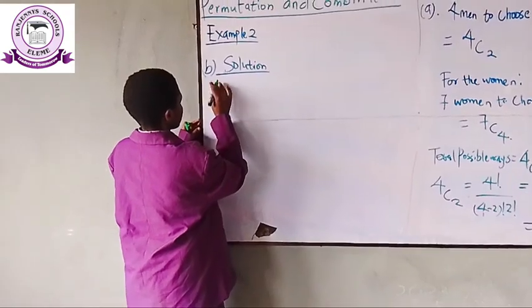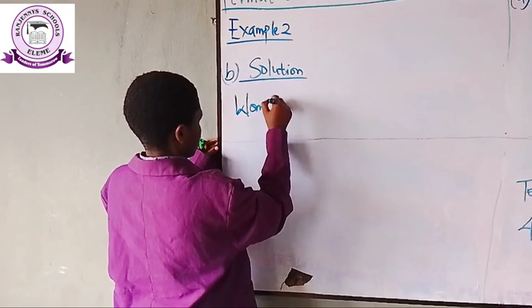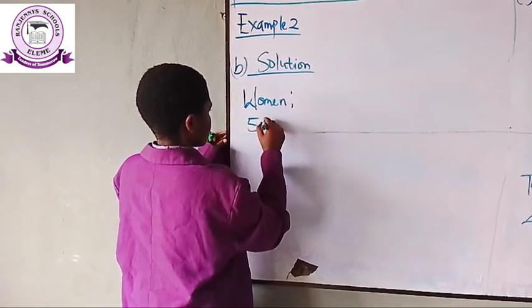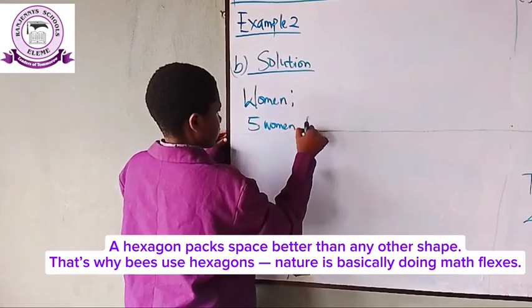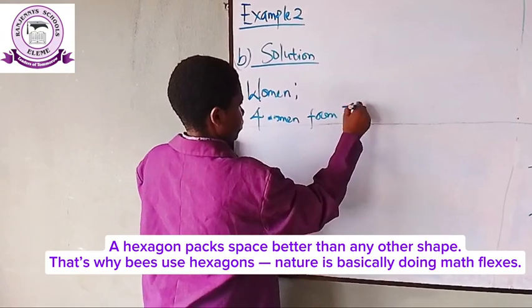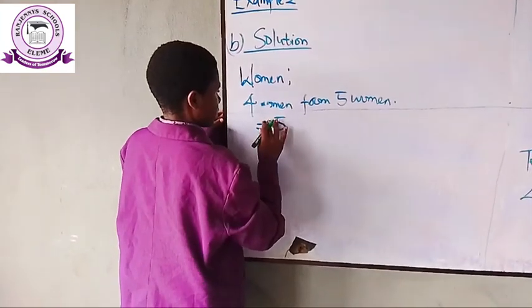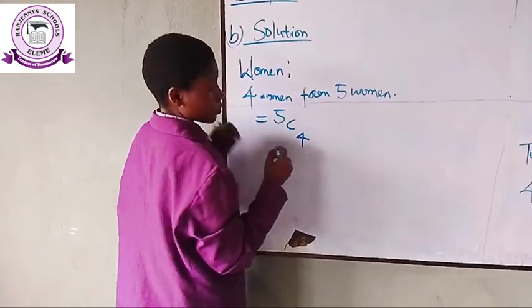So we have to choose 4 women from 5 women. That is 5 combination 4.